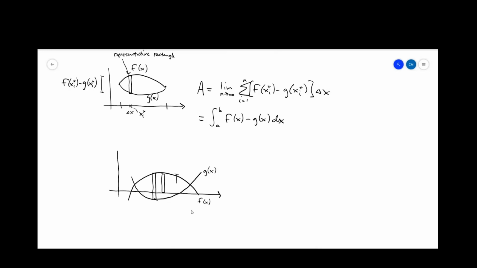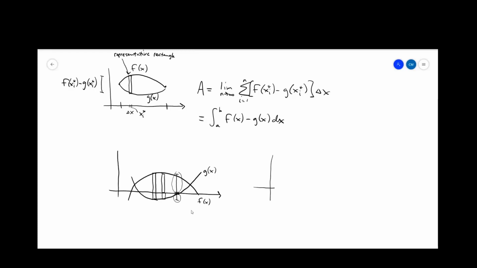This height here, f of x sub i, would be that. And then this would be the g of x bit right here. But that would be negative, right? This distance right here would be negative. So what are we doing? We're taking a positive value, that distance right there, minus a negative value, right? But what happens when you subtract a negative? Well, subtracting a negative is actually adding, right? And so what we're going to get from the formula, f of x sub i minus g of x sub i, would be this top part minus this bottom part. The minus a negative is going to be a positive. It's going to work, is what I'm saying there.